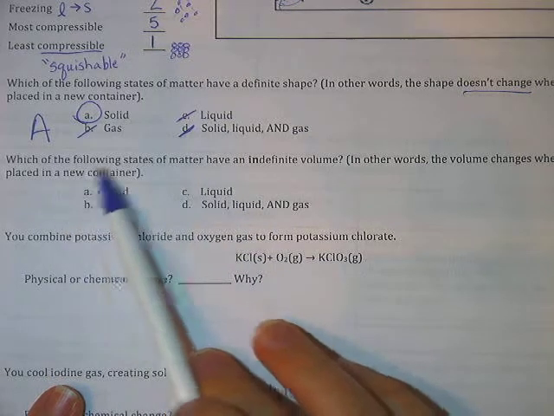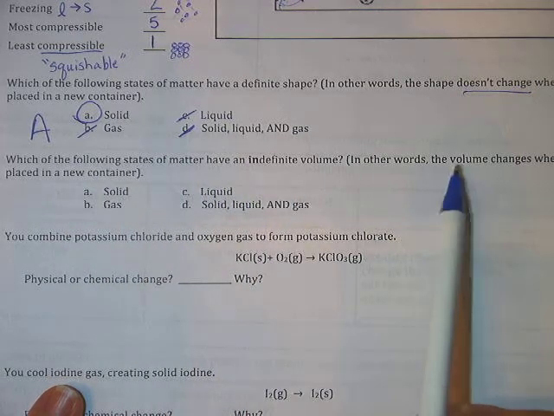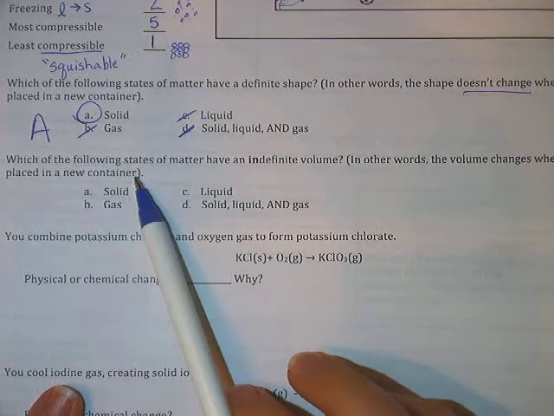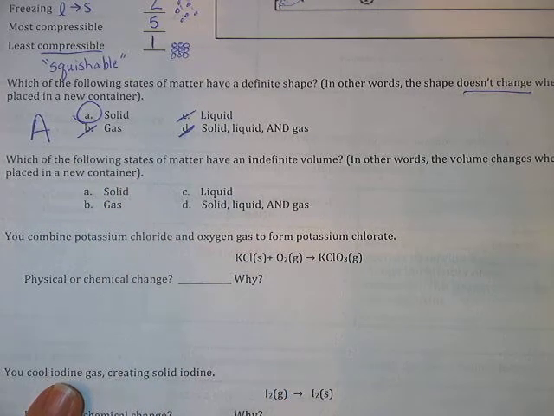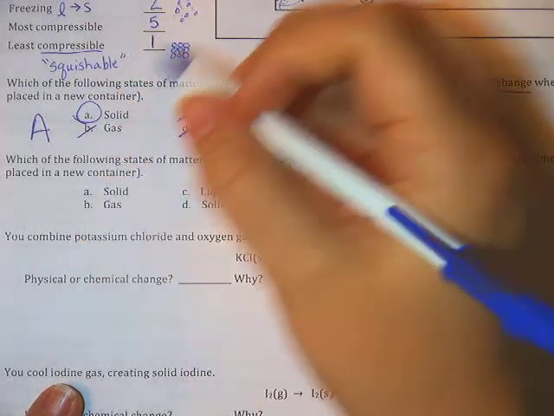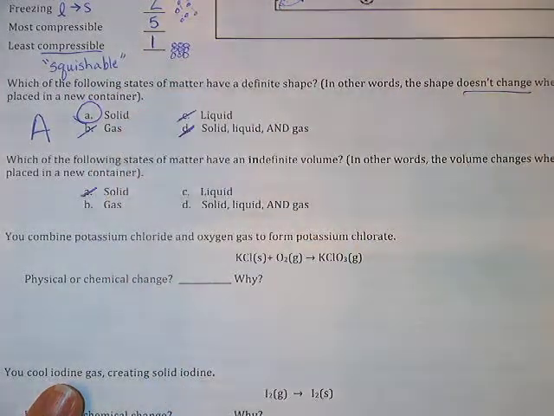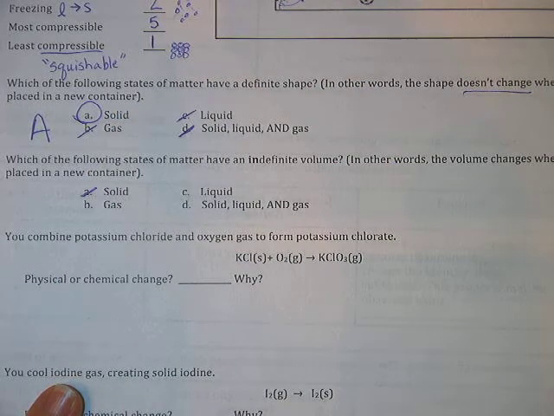For number 3, an indefinite volume, meaning the volume changes when it's placed in a new container. We know that solids, just like they have their own shape, they also have their own volume, so it's not going to be solids.